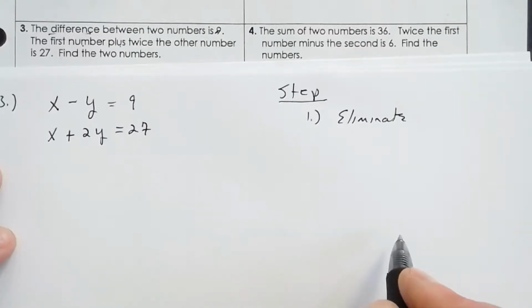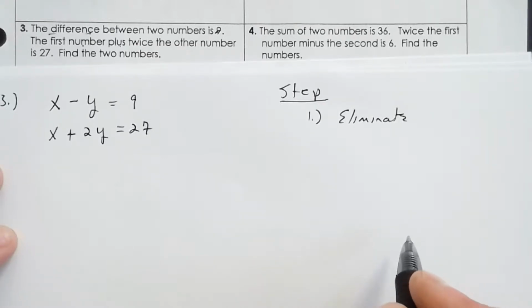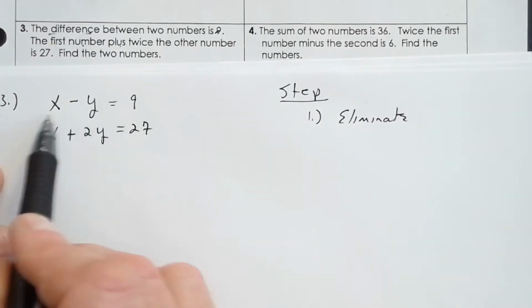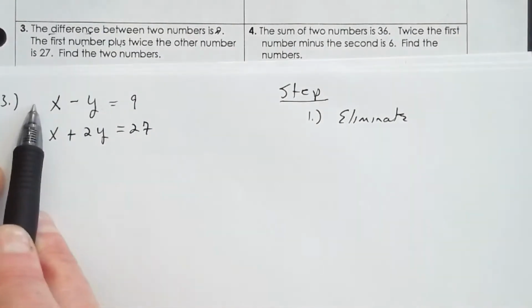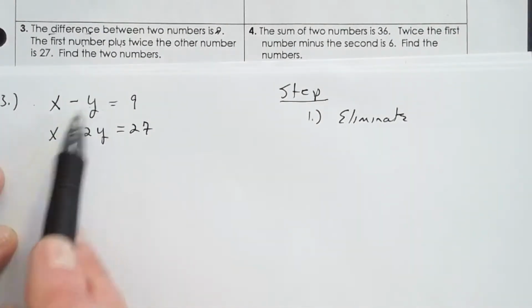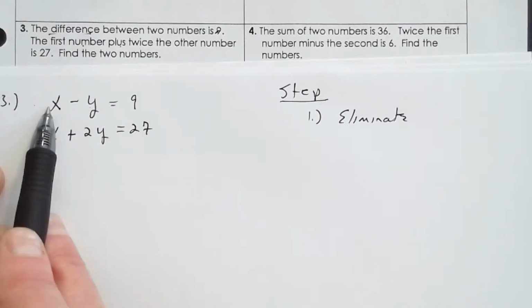Maybe the x, because we can multiply through by a lower number. If we eliminate the y's, we have to multiply the top equation by 2. It's only 2, I know. But as a rule of thumb, go with the lower number, okay? So in this case, we can either eliminate the y's by multiplying the top equation by 2, or we can eliminate the x's by multiplying the top equation by -1.